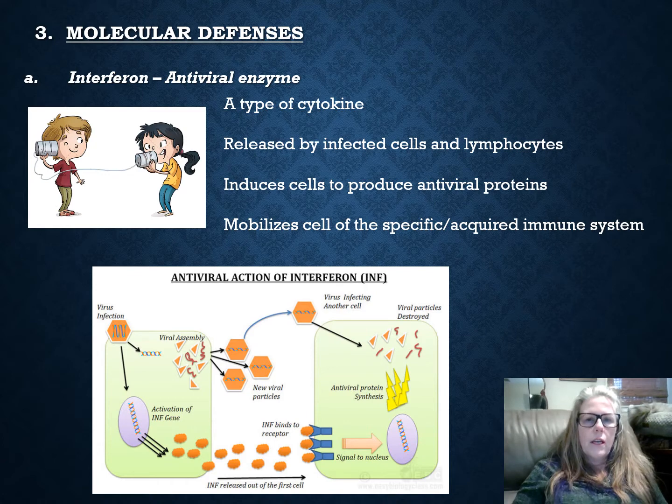But let's say this virus infects a cell, and that infected cell is being taken over. Certain cells have the ability to create interferon, and it creates the interferon and secretes it out. That interferon would be taken in by neighboring cells that haven't been infected yet.